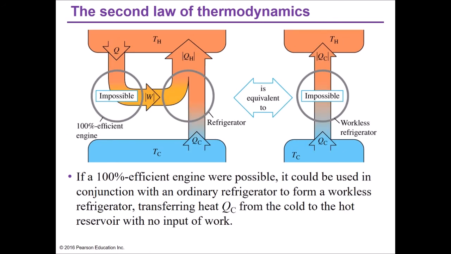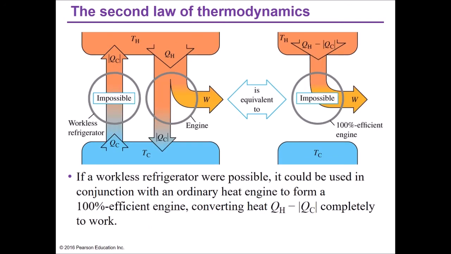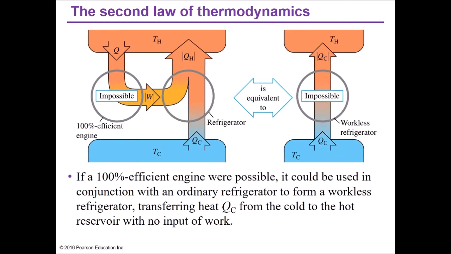Here's another view of this. These two are really the same statements. If you just reverse this process, what you're saying is I'm going to take 100% efficient energy, and that's going to be the work that's done for my refrigeration. Well, you're taking energy out of the hot reservoir and then putting it back in, so it's like you have nothing there.